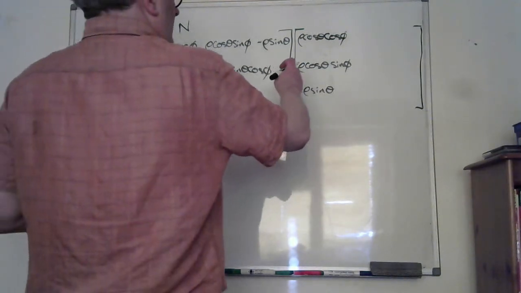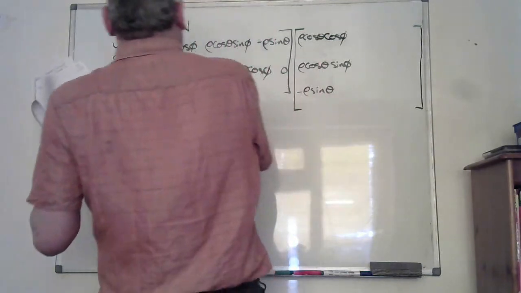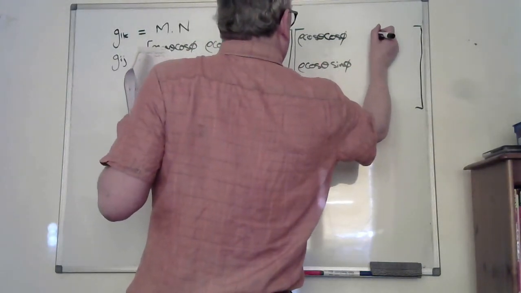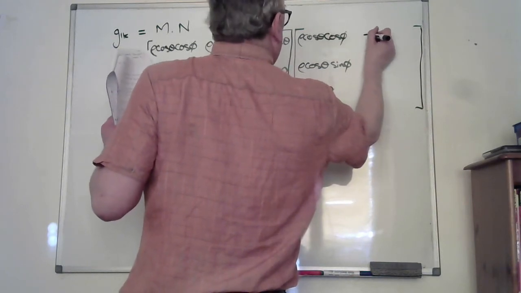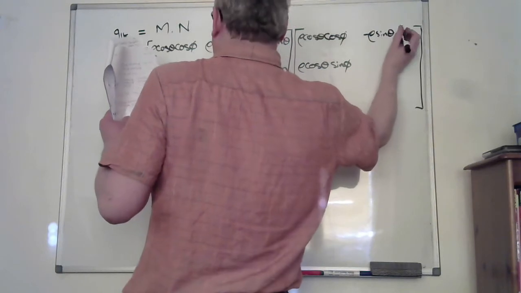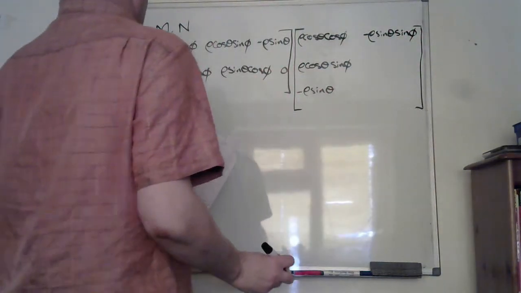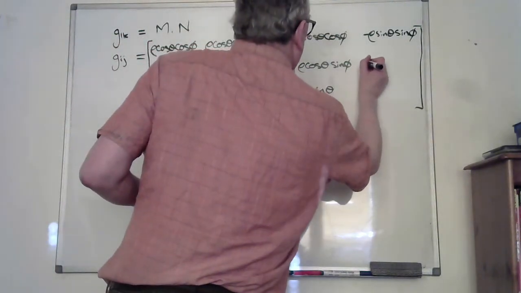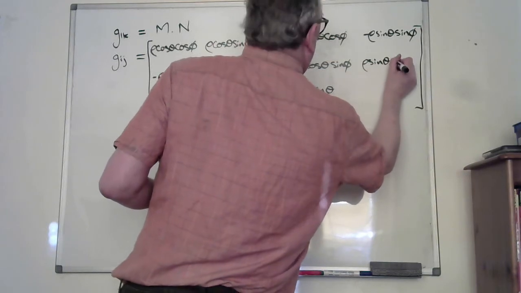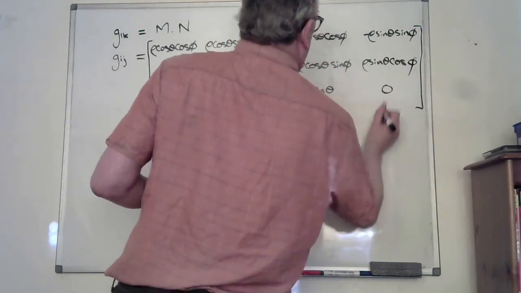Yeah. And then we've got this transposed. Minus rho sine theta sine phi, rho sine theta cos phi, and 0.